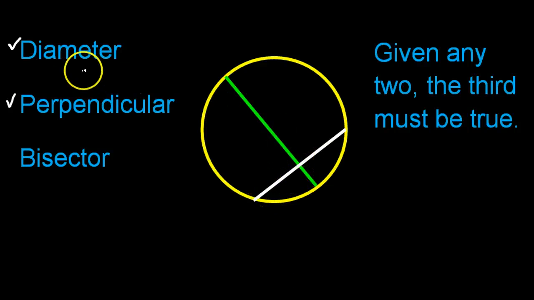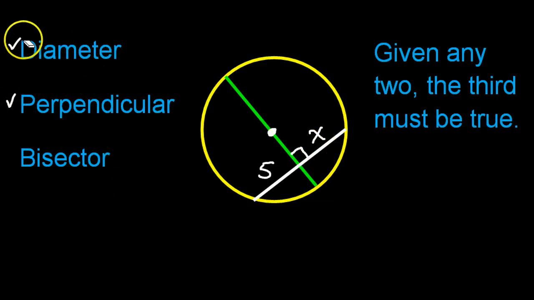a bisector. Now the way I would give you diameter is I would give you a dot here in the middle showing that it's passing through the center. The way I would give you perpendicular is I would put a little box here to show that it's 90 degrees. So if you saw these two things happening, you could conclude that it's also a bisector. So if I told you that this length was 5 and I asked you what this one was, with confidence you could say this was also 5 because of this analysis.